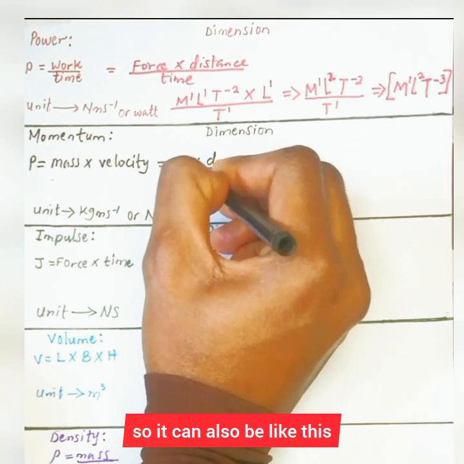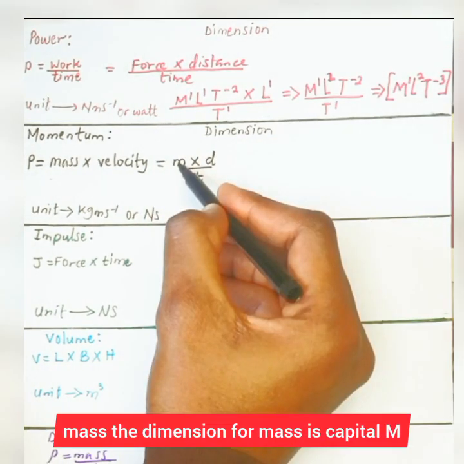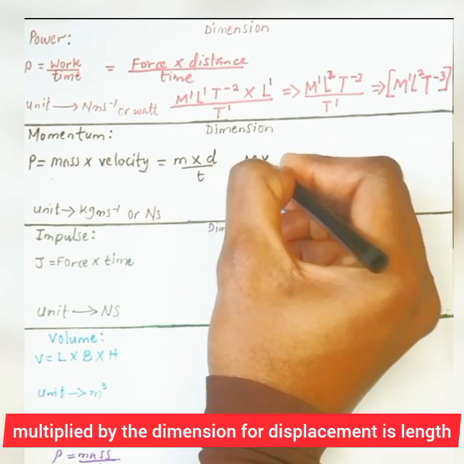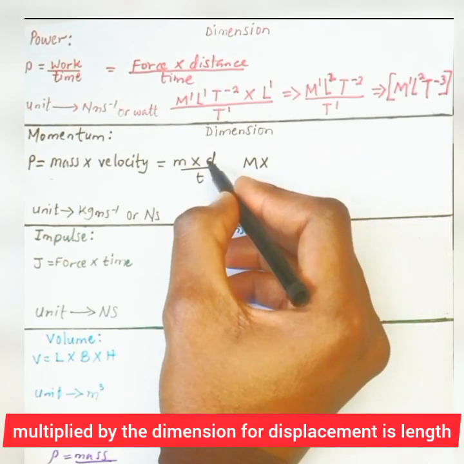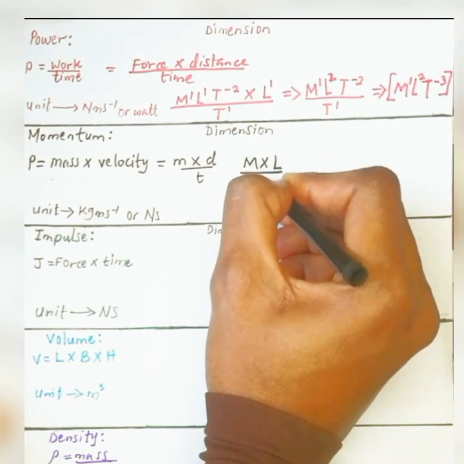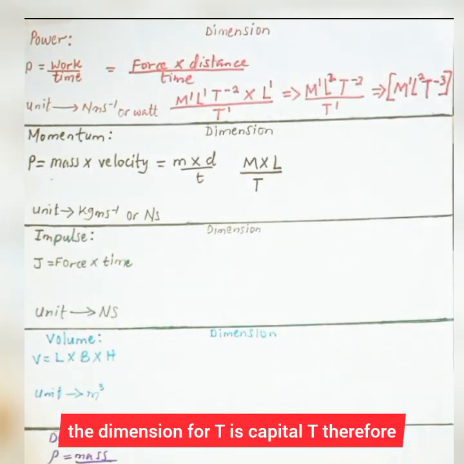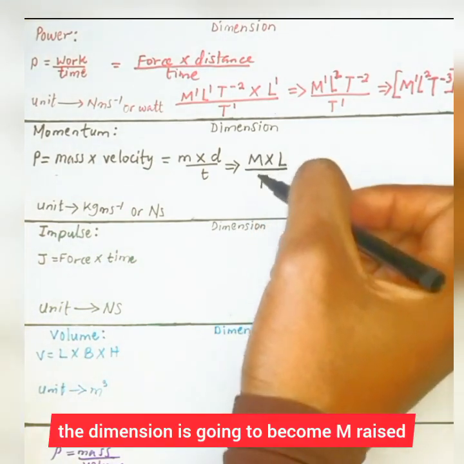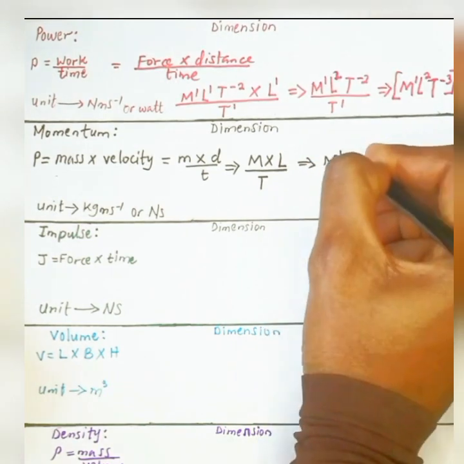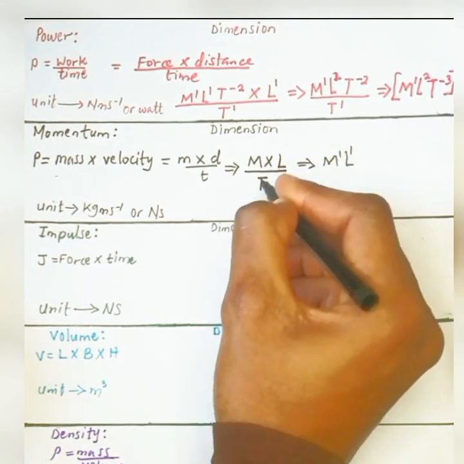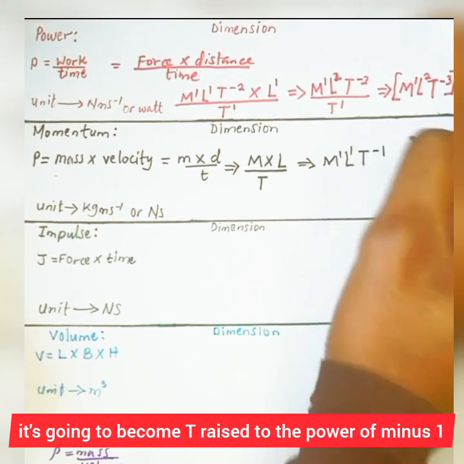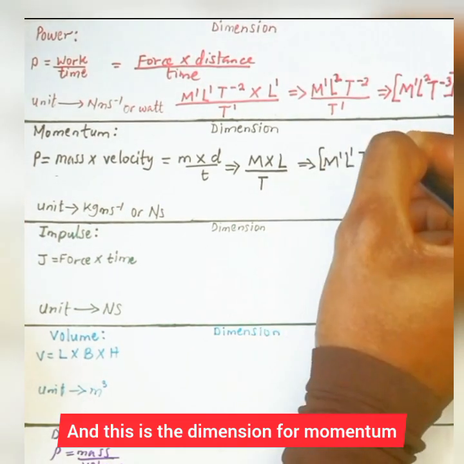The dimension for mass is capital M, multiplied by the dimension for displacement, which is length, L. The dimension for time is capital T. Therefore, the dimension is going to become M raised to the power of 1, L raised to the power of 1, and if T moves up, it's going to become T raised to the power of minus 1. And this is the dimension for momentum.